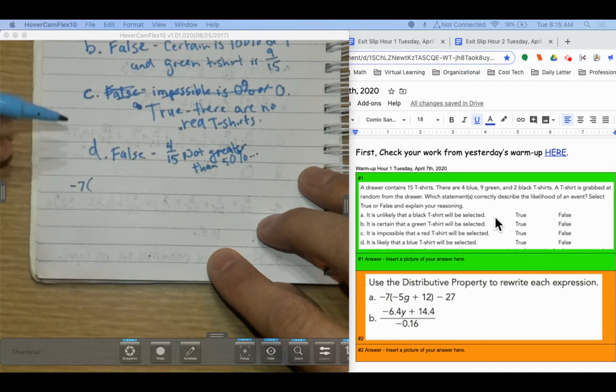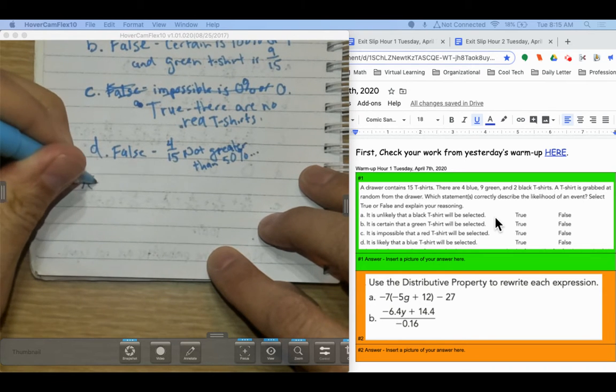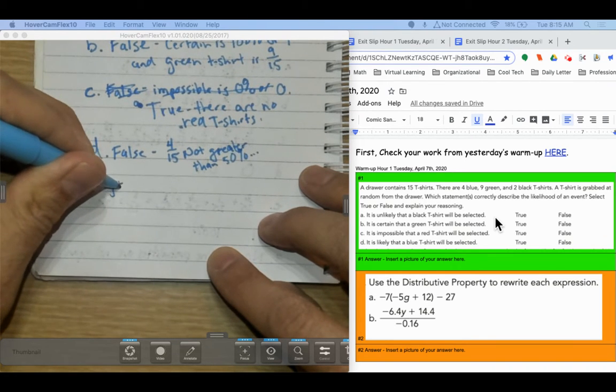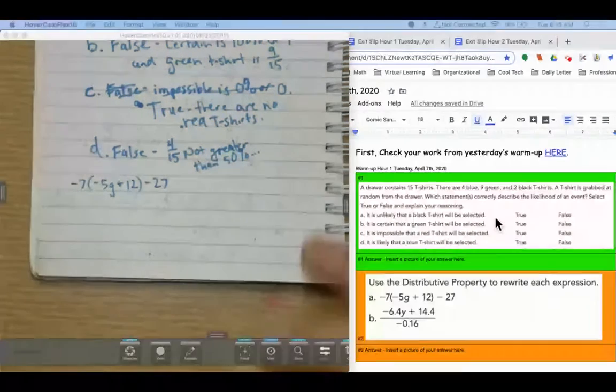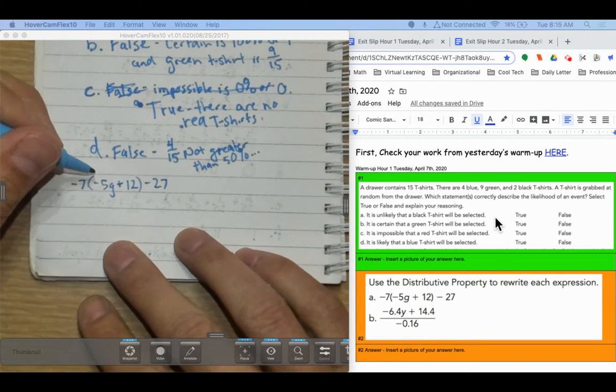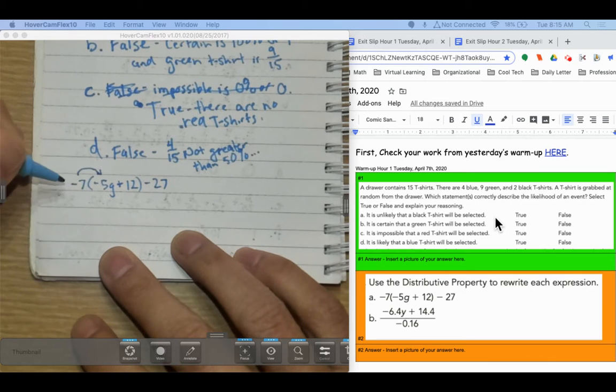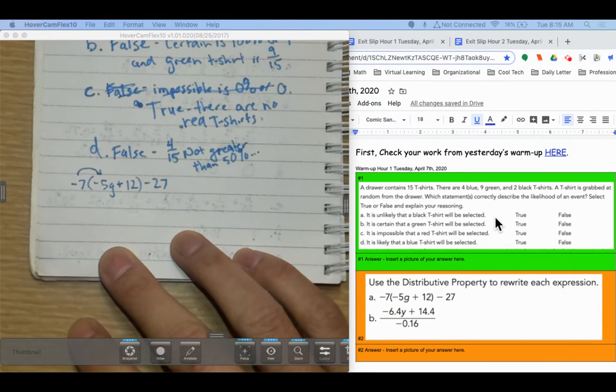-7 times the quantity of -5g plus 12 minus 27. So I would take -7 times -5g.